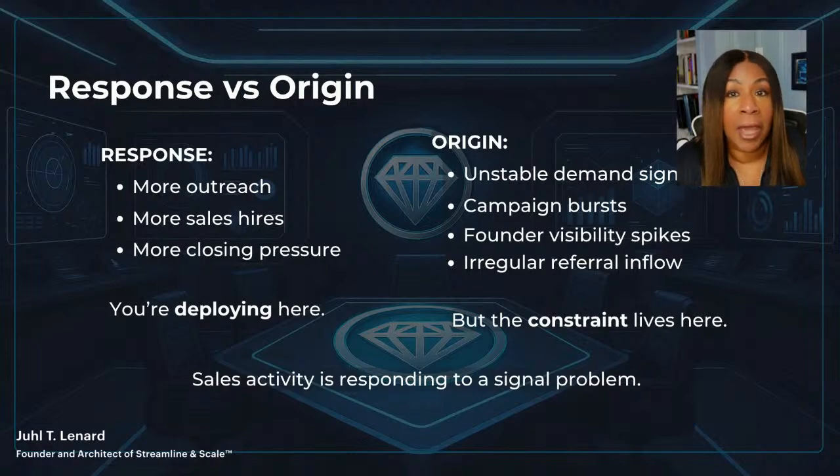The origin, however, is unstable demand signal, campaign bursts, founder visibility spikes, and irregular referral inflow. The constraint lives in the origin, not in where we deploy the response. Sales activity is responding to a signal problem.